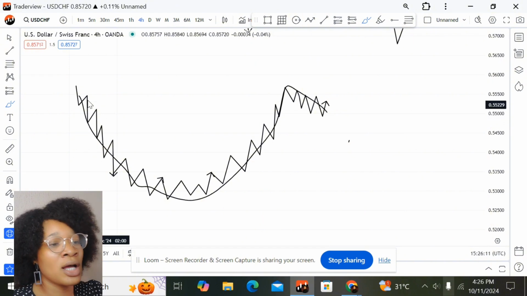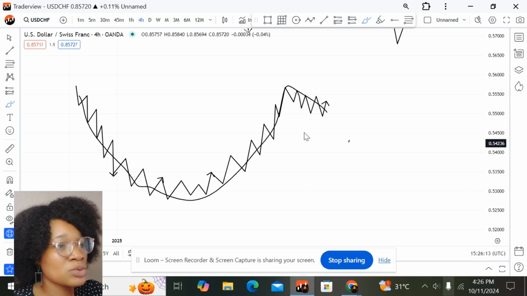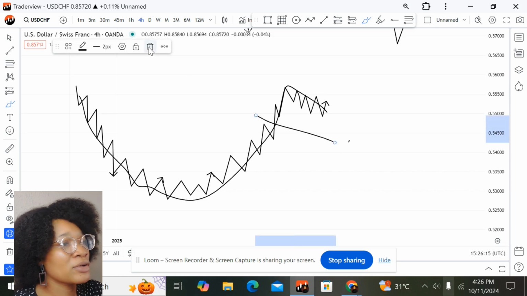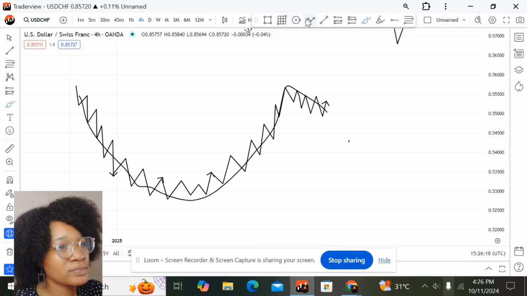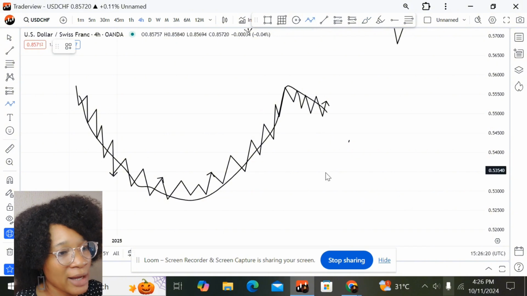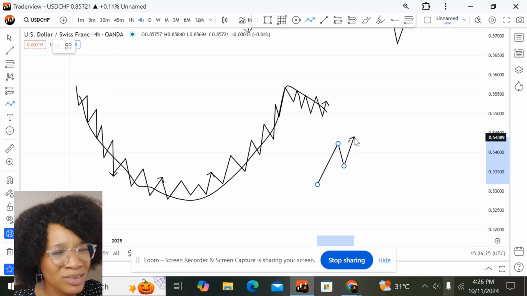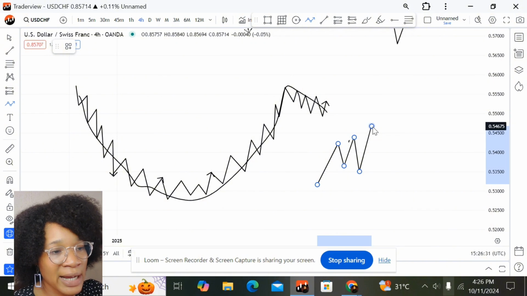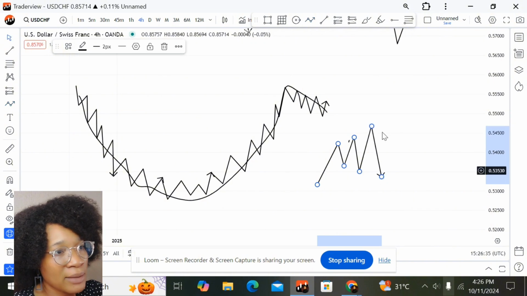All right, so let's move over to one other one. I think it's called the diamond bottom and the diamond top. You find something like this, looking almost like a diamond, hence the name, the diamond bottom and the diamond top.